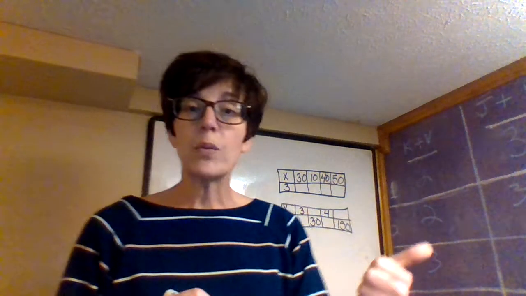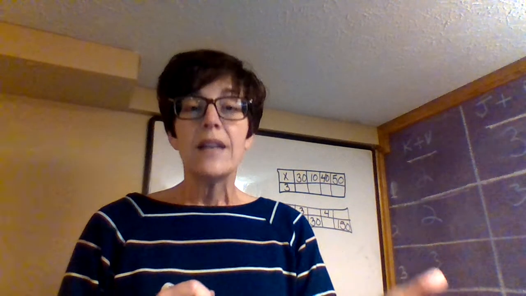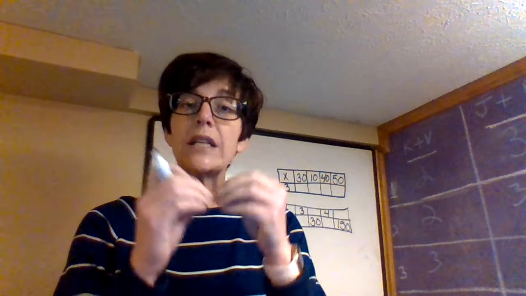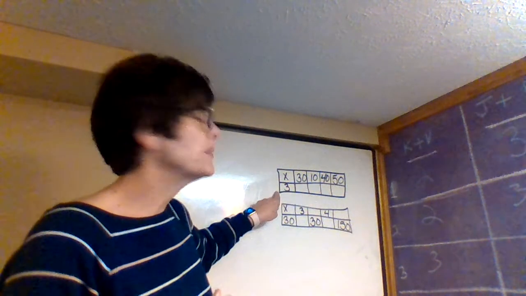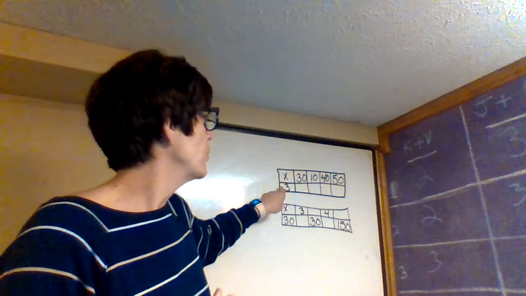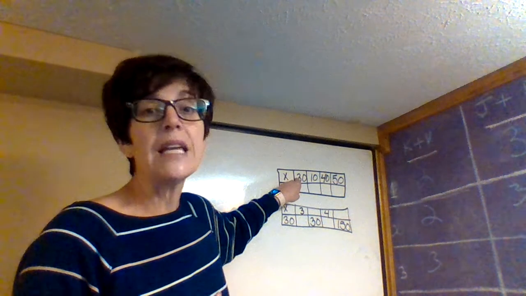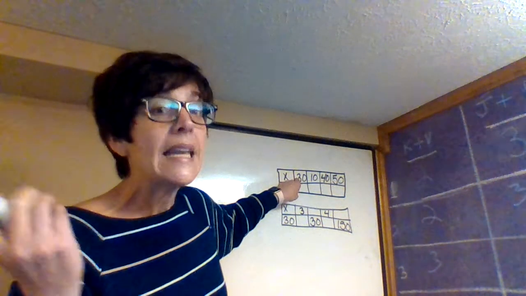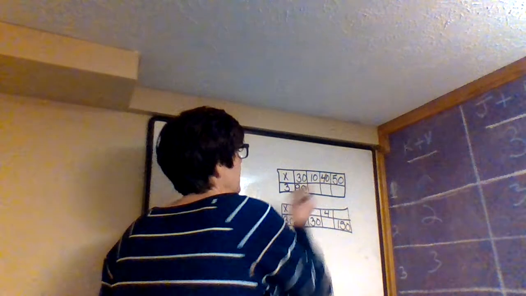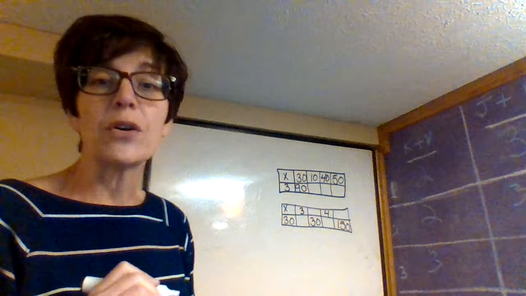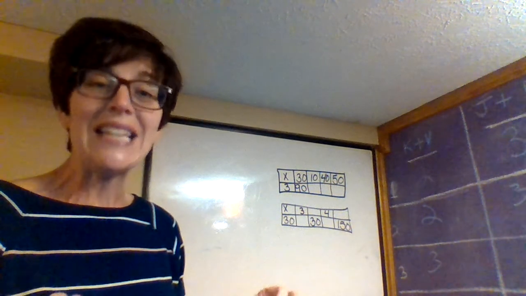So last week we worked on factors of 10 that we said, as long as we know the little fact inside the big fact, I can do this. So we have 30 times 3. So if we think about it, we know 3 times 3 equals 9. And I just bring down the 0. It's 90. 30 times 3 is 90.